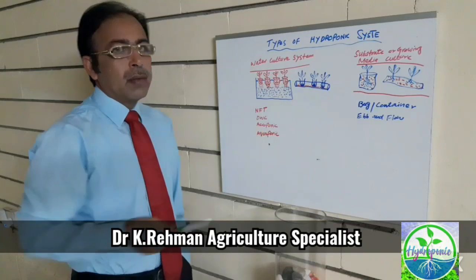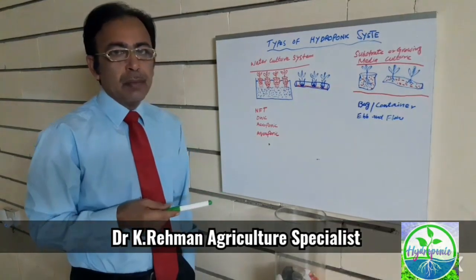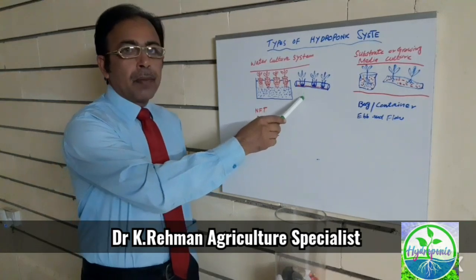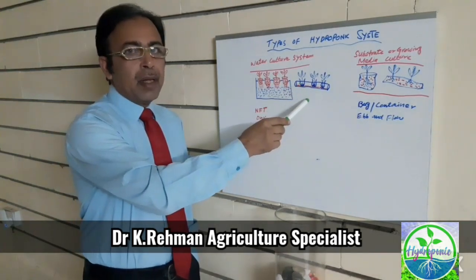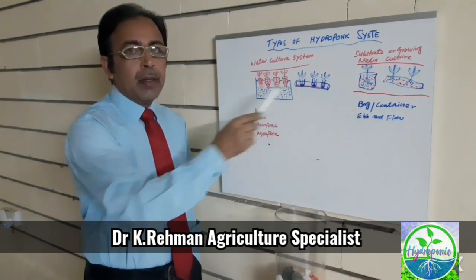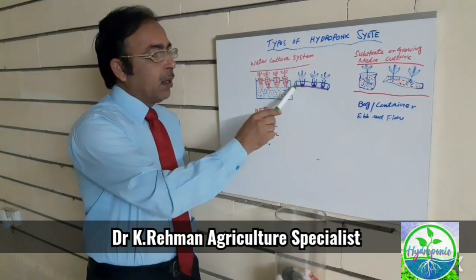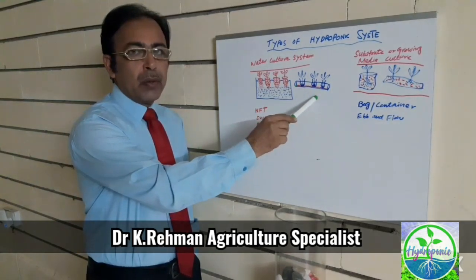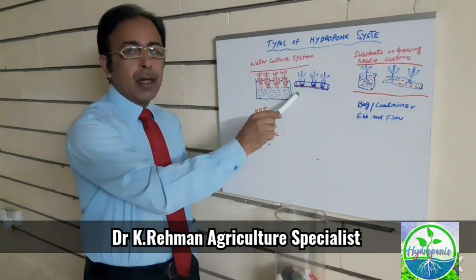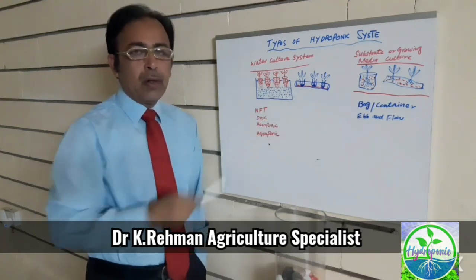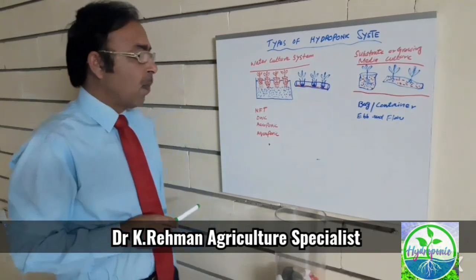If you are selecting an NFT system, keep some points in mind. On a daily basis, one time in a day, regularly check the temperature of the nutrient solution, electrical conductivity and pH of the nutrient solution.